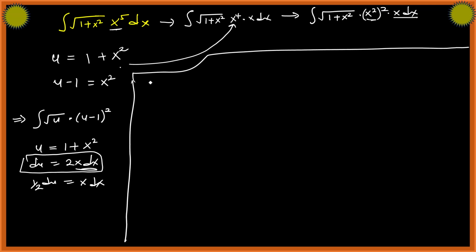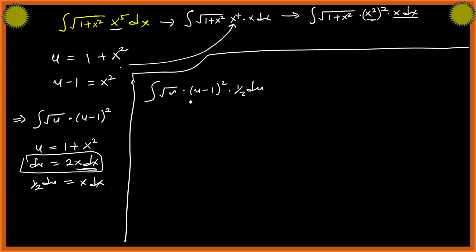Okay, so let's go again. So we have this u times u minus 1 squared times half, so the x dx is the same as half du. Good.